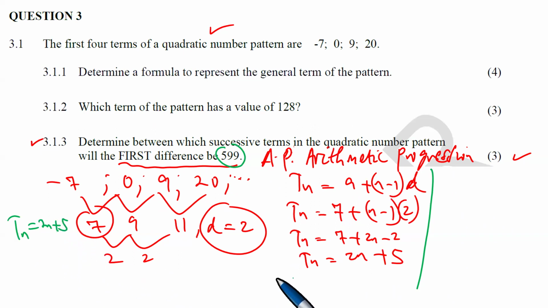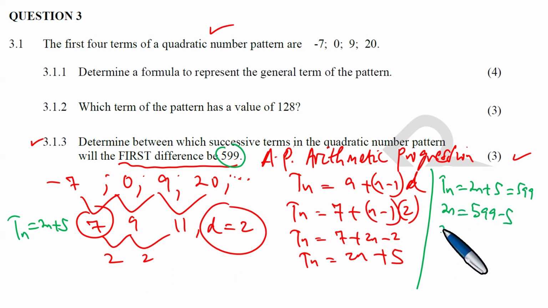But you see, we are saying here our Tn is equal to 2n plus 5, and this difference is 599. Which means 2n is 599 minus 5, which is 594.